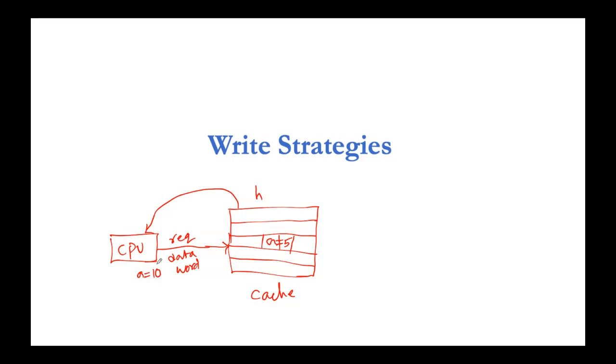That 10 must go and update in the cache, right? That we call the write policy, or write strategy. In this write strategy, if there is a hit, how is the write going to be done? If there is a miss, how is it going to be done? These are what we call the write strategies.